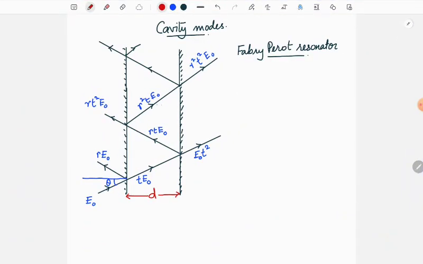If you draw a perpendicular line here, then this region is the same as this, and this part of the beam is also common for both the rays. So if you consider these consecutive rays, the only difference between them arises from this path length and this path length. So the second beam has this extra part there.